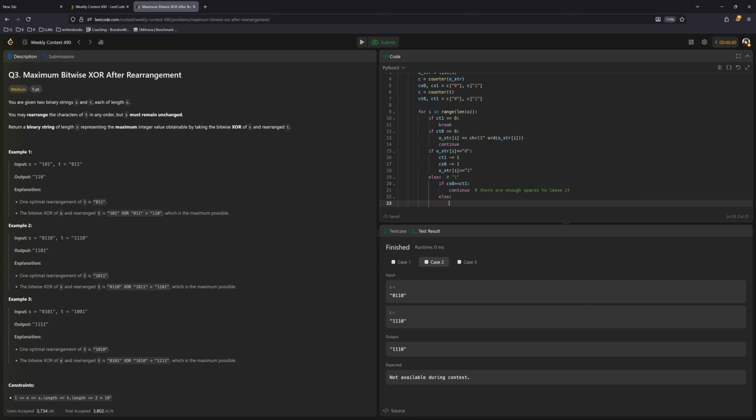In which case we need to find out how far off we can push it. How far back can we push it? Well, it's just however many zeros there are. But we already know that it's non-zero.